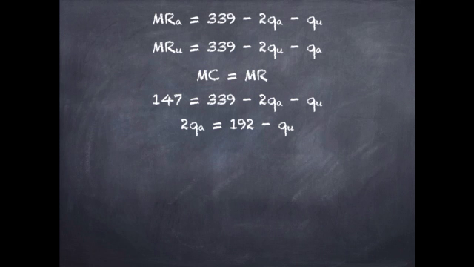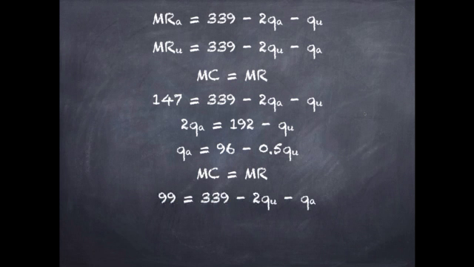We add 2QA to both sides and subtract 147 from both sides, and that gives us 2QA equals 192 minus QU, and we solve for QA, so we divide both sides by 2, and we get QA is equal to 96 minus 1/2 QU.